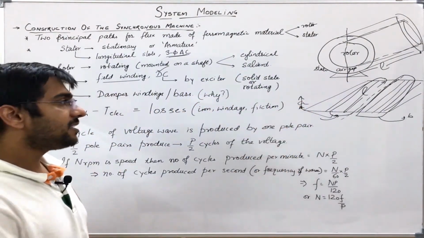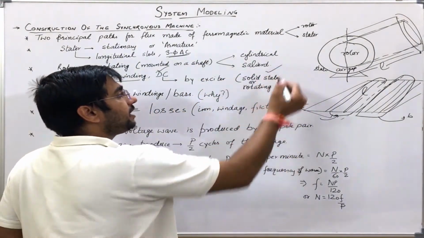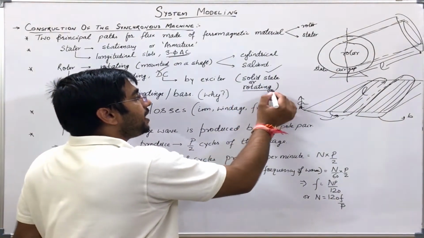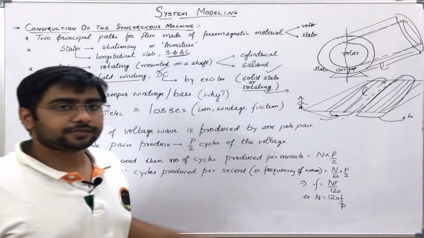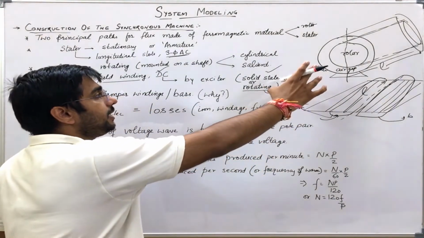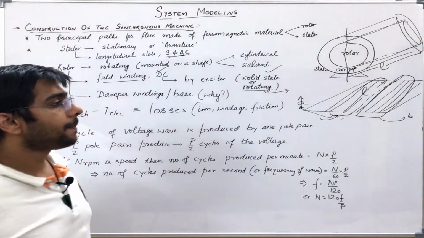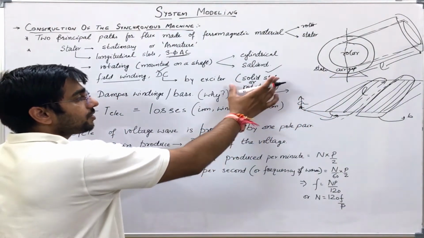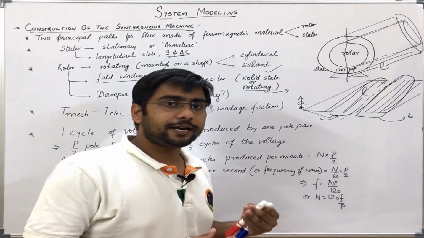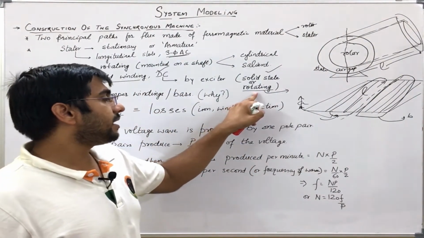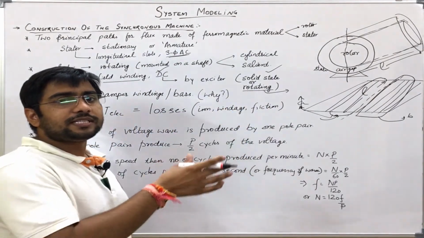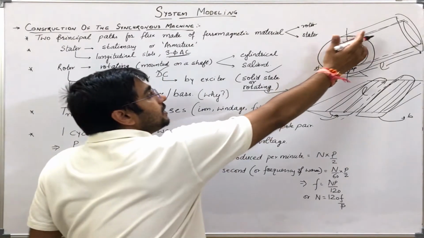which can be made by some solid state circuitry using a rectifier, or it can be made through a DC generator, so that it produces DC current for the field winding. And this rotating DC generator, if it is used as an exciter, can be standalone, or it can be mounted on the same shaft of the generator.